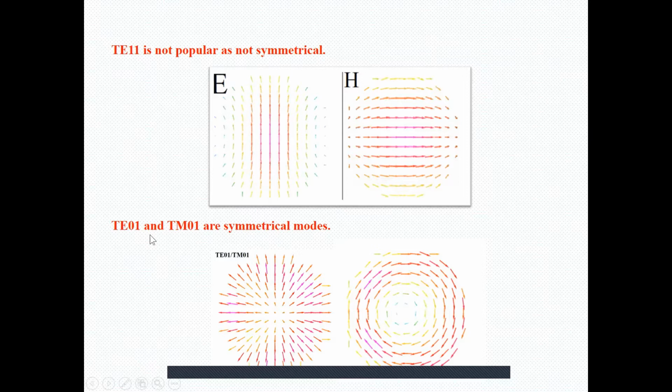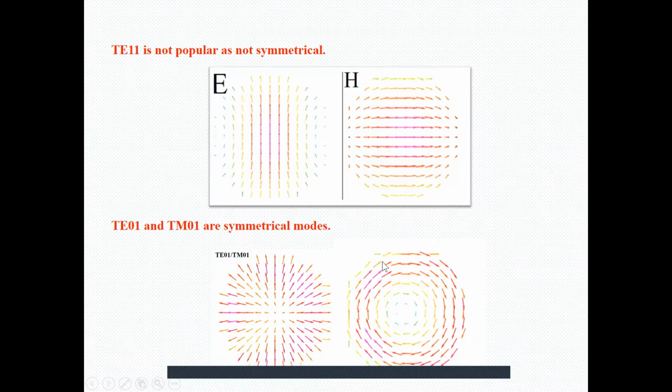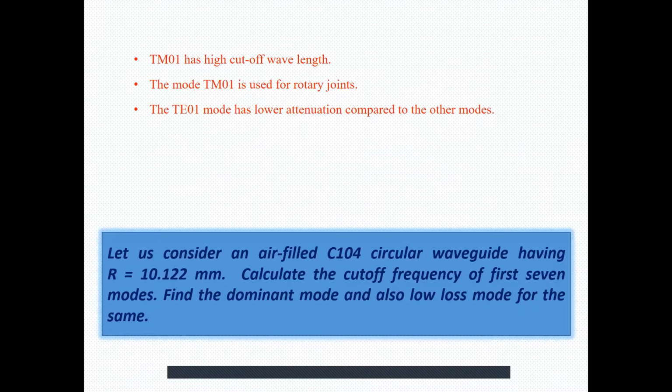Now you can see that for the TE01 or TM01 mode, this mode is symmetrical for the electric and magnetic field. TM01 has the highest cutoff wavelength. The TM01 mode is used for a rotary joint. This is the application of the transverse magnetic 01 mode in a circular waveguide.